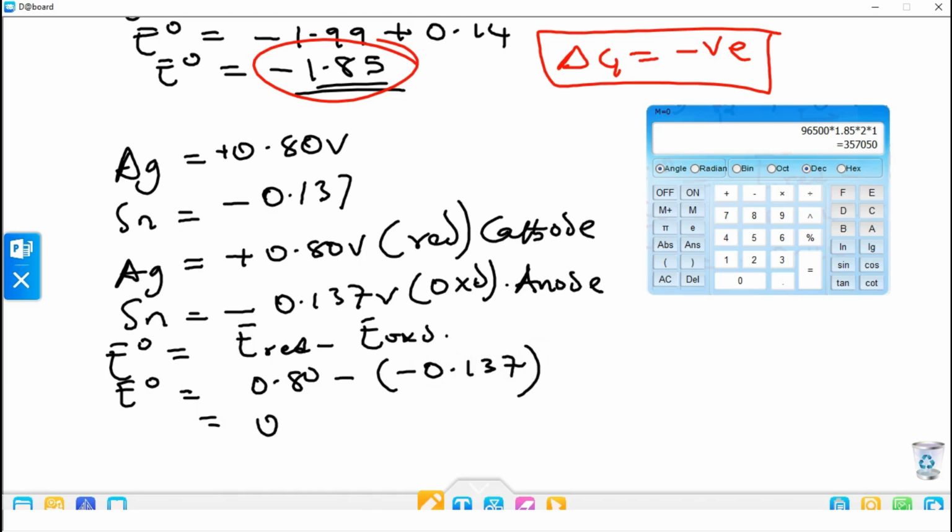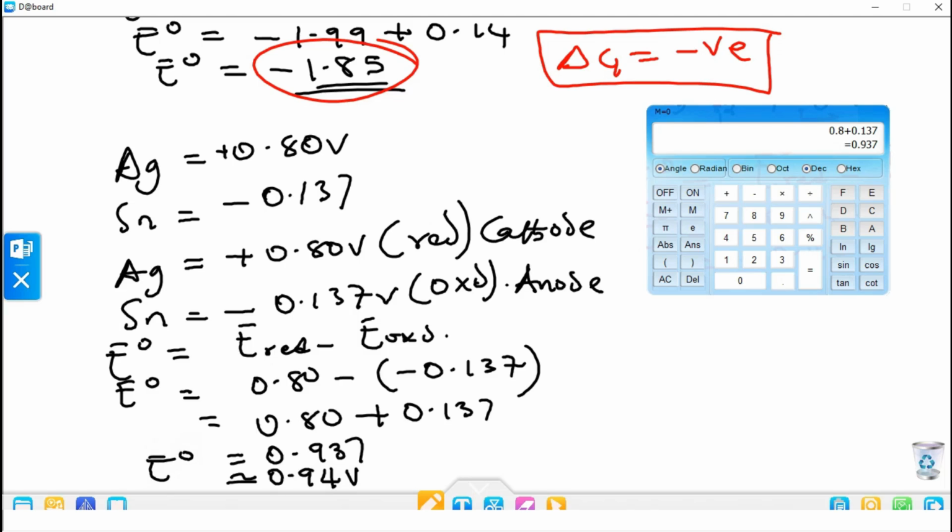So this is going to be 0.80 plus 0.137. Let's go to our calculator. 0.8 plus 0.137 gives us 0.937, so approximately 0.94 volts. So our electropotential is 0.94 volt. It's as simple as that.